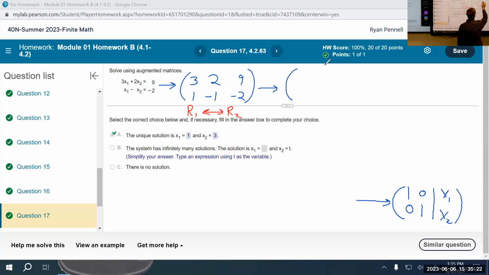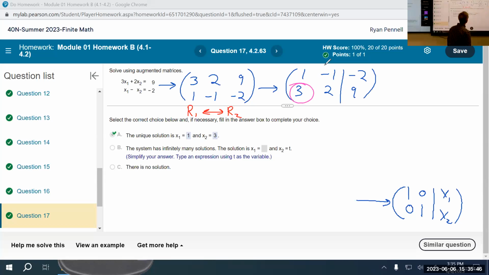So I get 1, -1, -2, 3, 2, 9. Now it's a 1, exactly what I needed it to be, and I didn't have to introduce fractions. Great.